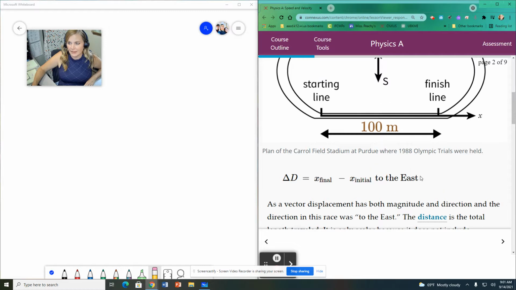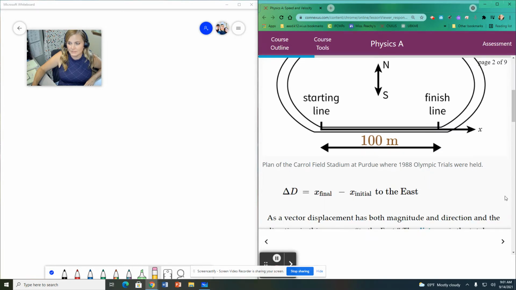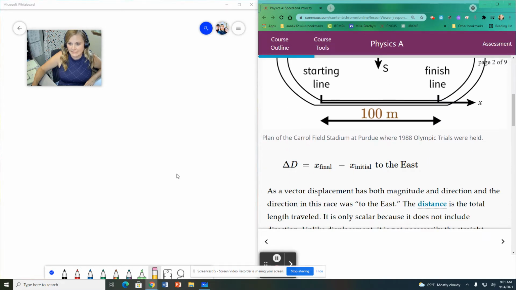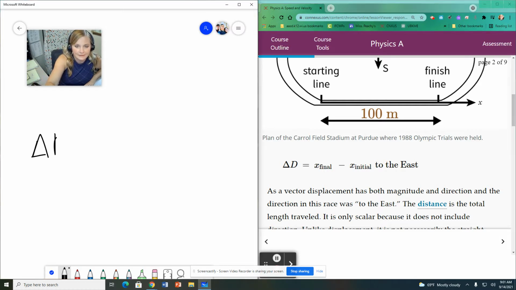And so we can look at her, the distance she ran was 100 meters, but the displacement, that delta D, is the final position minus the initial position, right? And then we also give that directional indicator because she's running to the east.